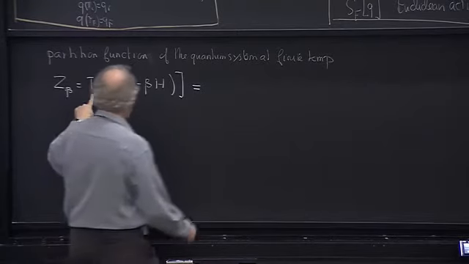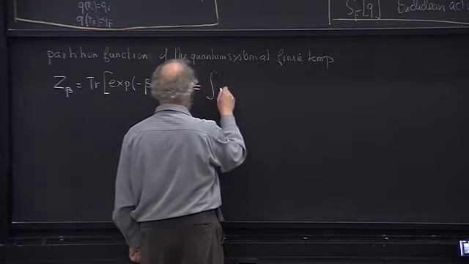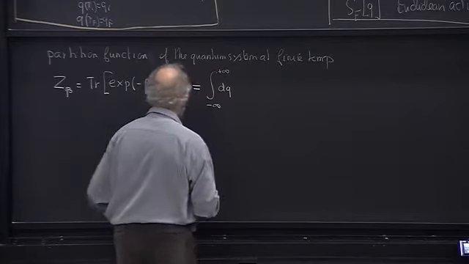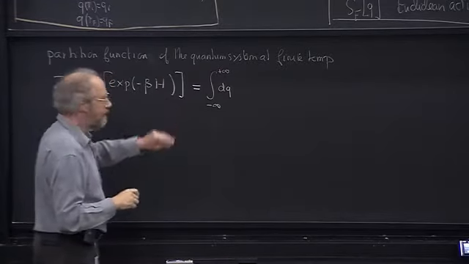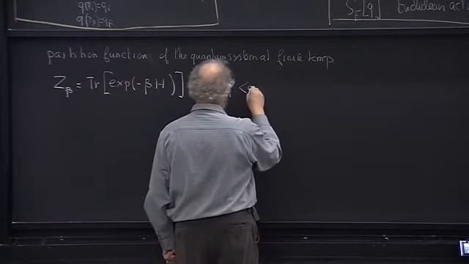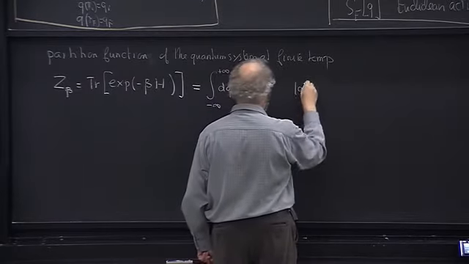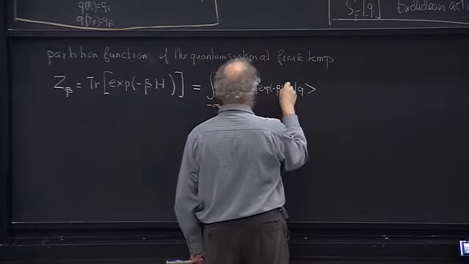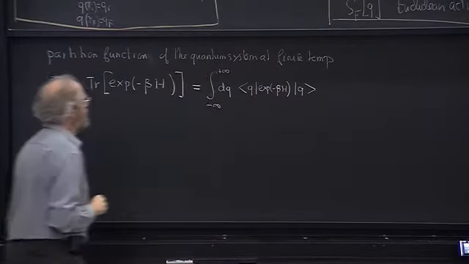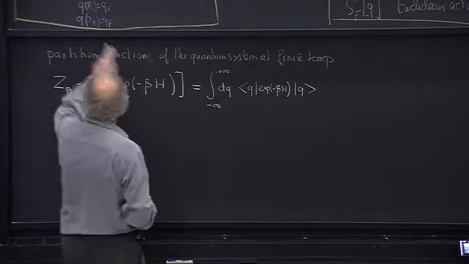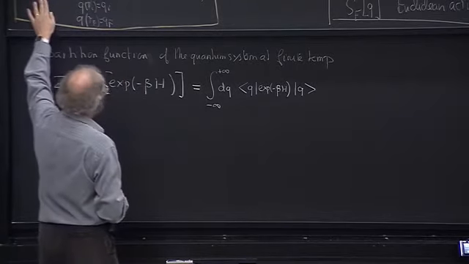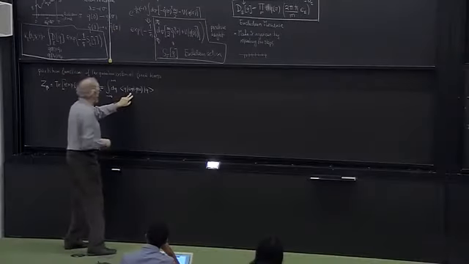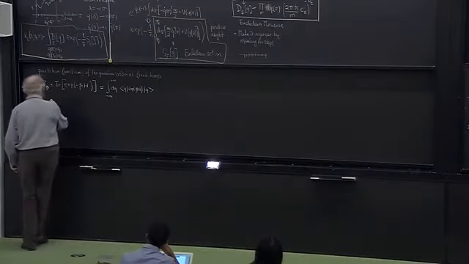So the trace is just the integral of dq from minus infinity to plus infinity, because we are in one dimension, of the matrix element of q with exponential minus beta H.